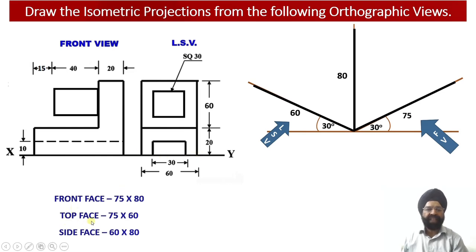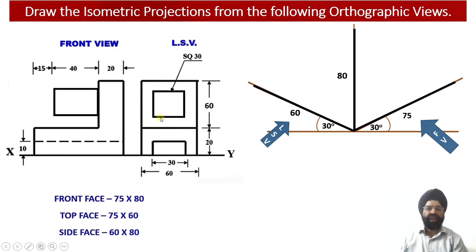So the top face dimensions will be 75 millimeter by 60 millimeter, while in the side view we are going to observe that the width of the solid happens to be 60 millimeter, while the height of the solid is equal to 80 millimeter. So we are going to get the dimensions of the side face as 60 millimeter by 80 millimeter.